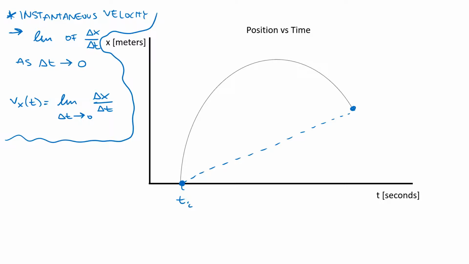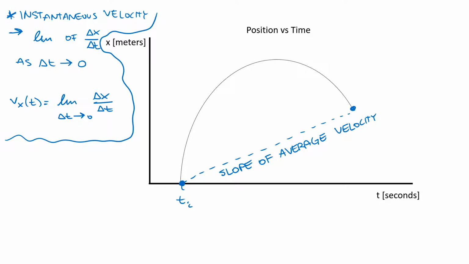So I'm going to say the slope is the average velocity. But how do we find the instantaneous velocity?